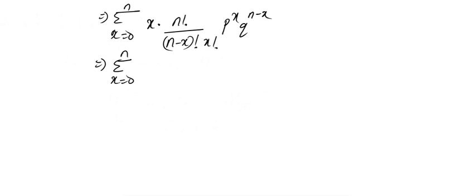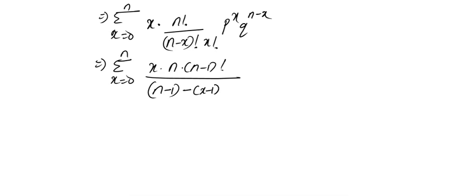We are going to express every term here, all the factorials, in terms of n minus 1 and x minus 1. So what happens, x into n factorial can be written as, up to n minus 1 term we are writing it, n into (n minus 1) factorial. Similarly denominator (n minus 1) minus (x minus 1).